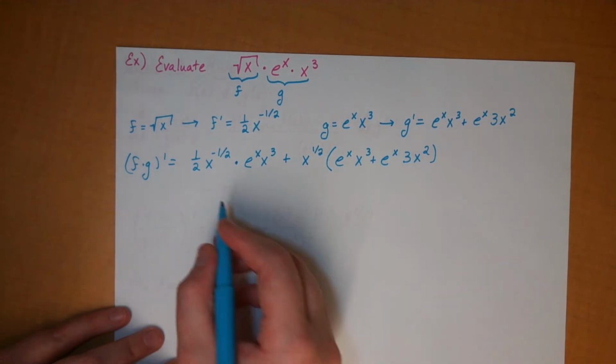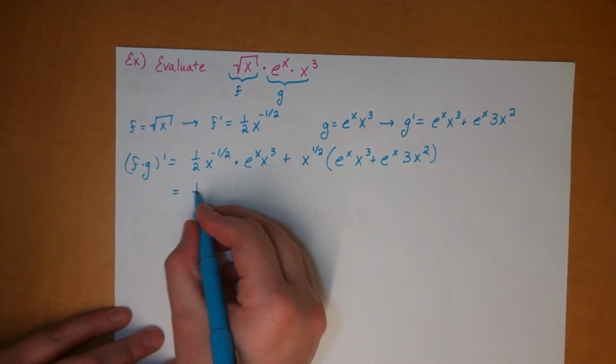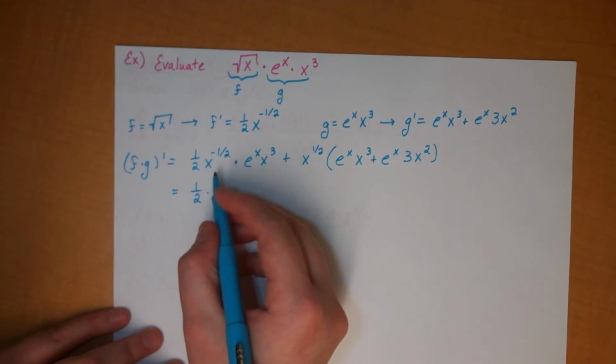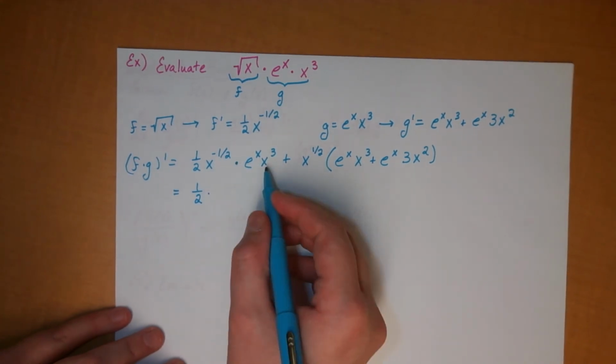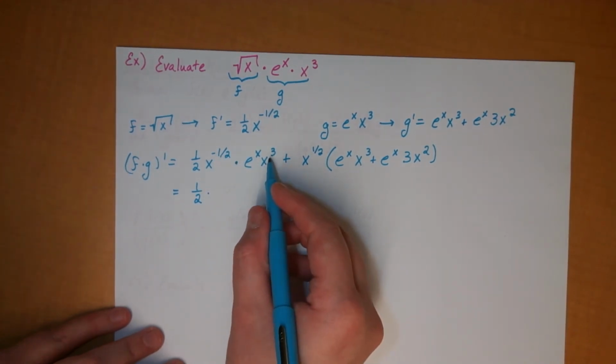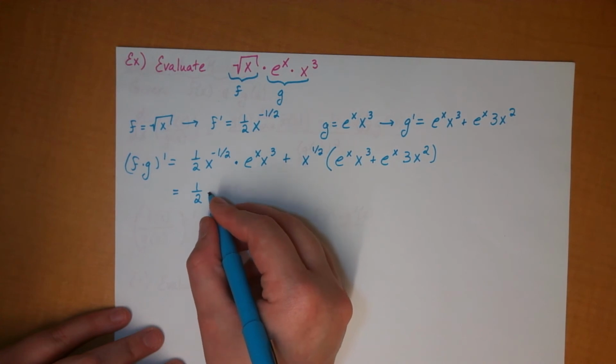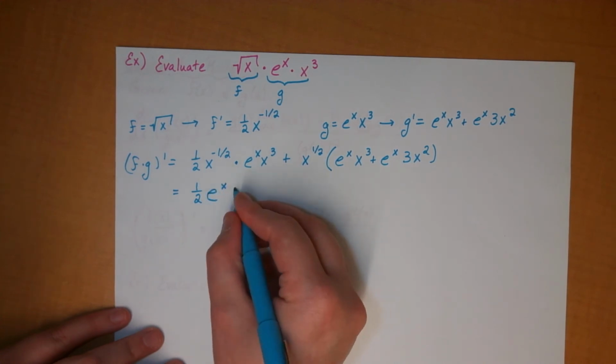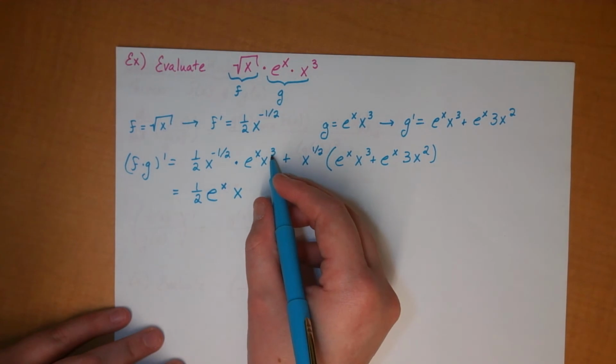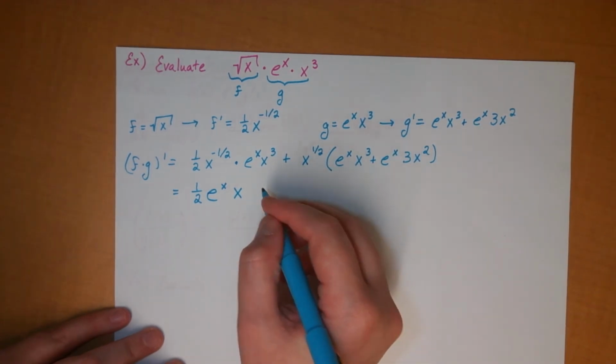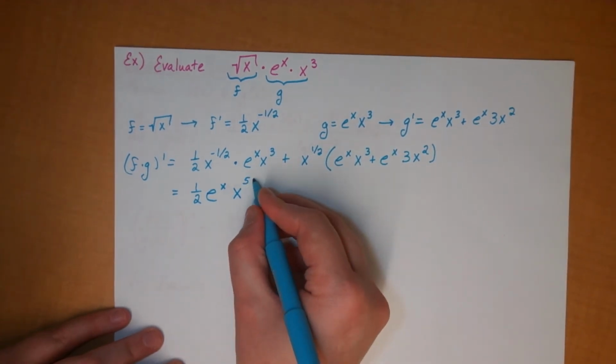And now let's just clean this up a little bit. So that's going to be 1/2. If I take x to the negative 1/2, multiply by x to the third, I'm going to get e to the x, and that will be x to the, that's the same thing as 6 over 2, so that would be 5/2.